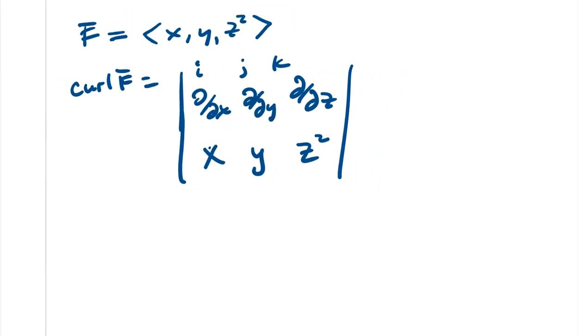Now when you do the cross product, I'll just do this without really showing you what I'm doing. This will be 0, 0, 0. Oh, that's great. Okay, so what happens is the curl of f is 0, so this is the zero vector.